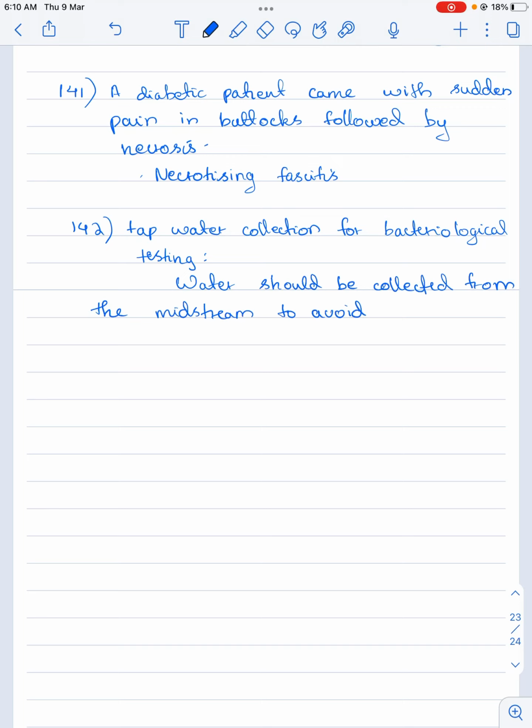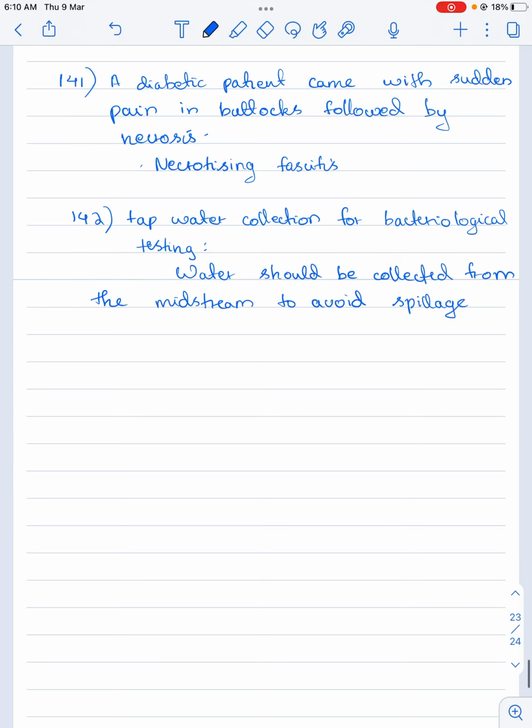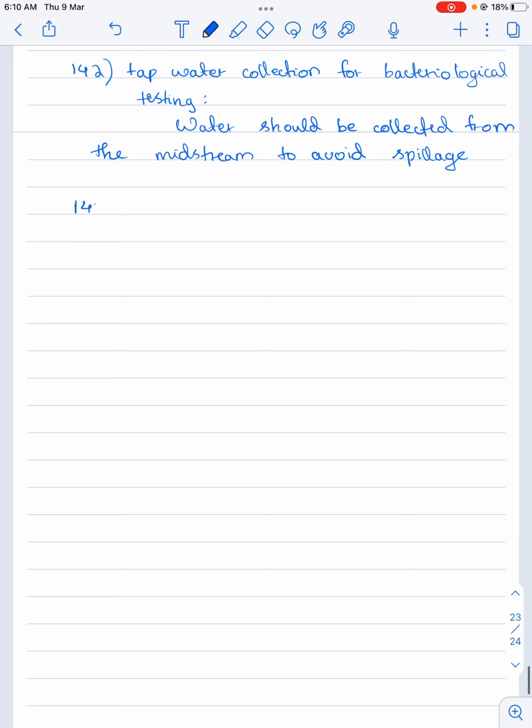There's another option to let water run for 1 minute, but 1 minute is a little bigger time, I feel. So this would be more appropriate answer. Next question.